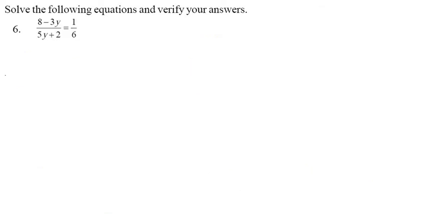Let us see the next question, that is the sixth question. It is (8 minus 3y) upon (5y plus 2) will be equal to 1 upon 6. Now do the cross multiplication.